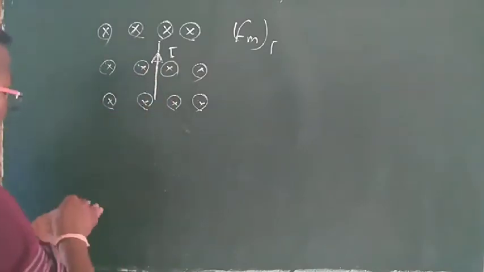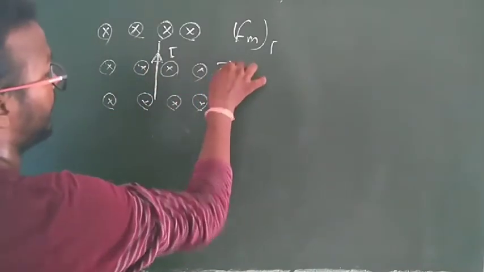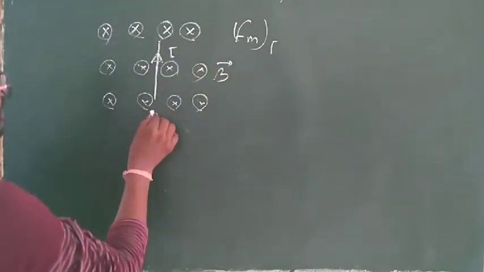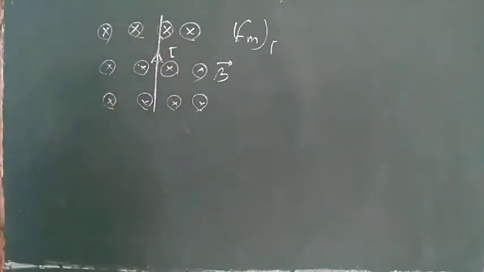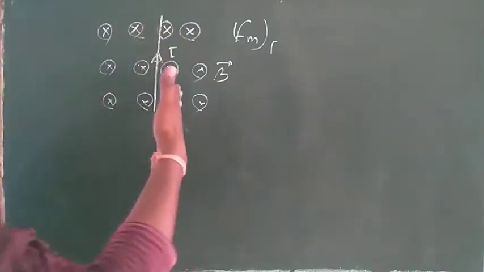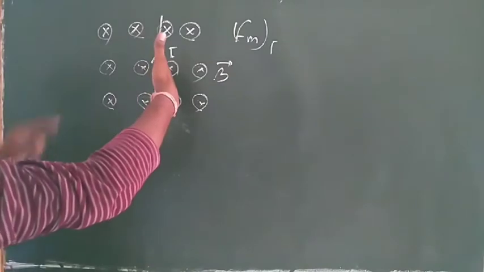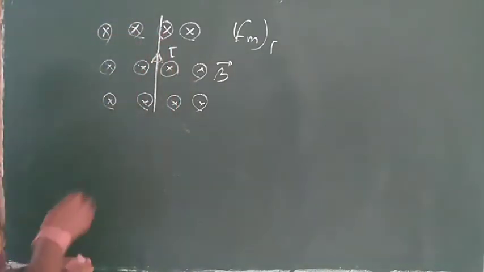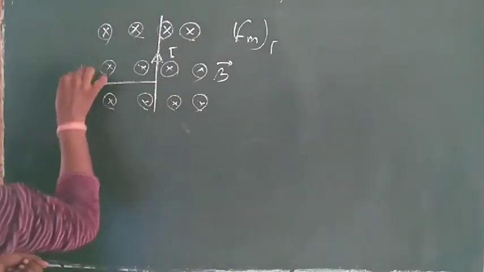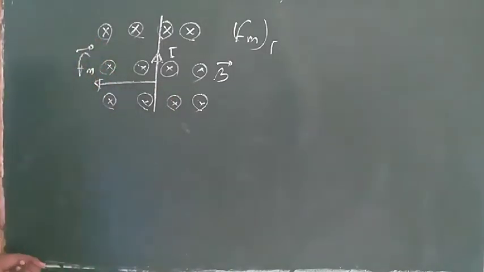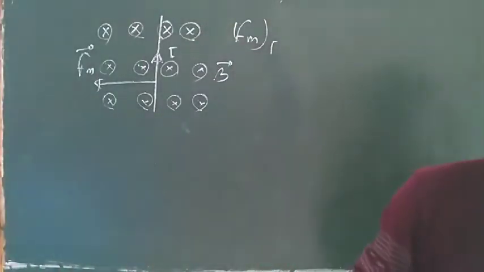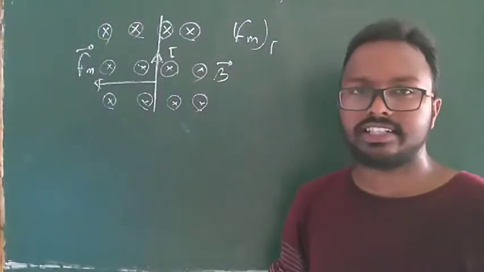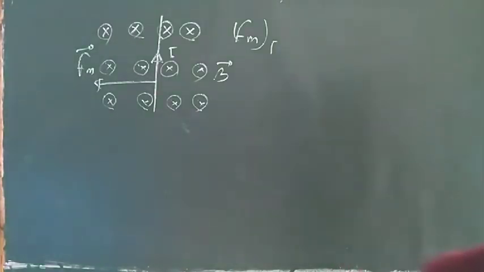The magnetic field, which is constant or uniform, is in the inward direction, and this is the direction of flow of current. Clear? So if you use the right hand palm rule, the palm indicates the direction of the magnetic field and the thumb indicates the direction of current. So this conductor experiences a force in this direction, that is Fm. In this way you can determine the direction of magnetic force if you place a conductor inside a uniform magnetic field.